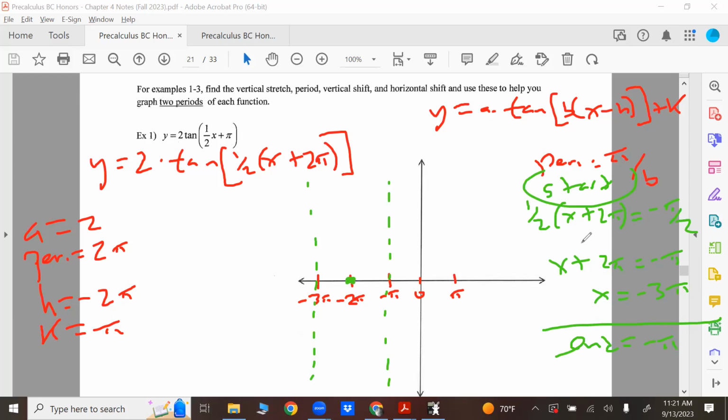Now, here's how you could partition if you want, but you'll drive yourself a little nuts if you try: negative 3 pi over 2, negative 5 pi over 2. You can plug it in. But personally, we could just think about the a value. It's a vertical stretch. The parent function doesn't get stretched; it's just 1 and negative 1. But this gets stretched by what factor?